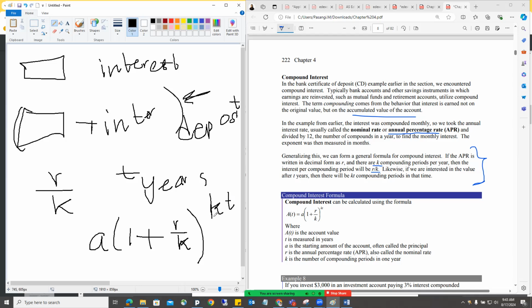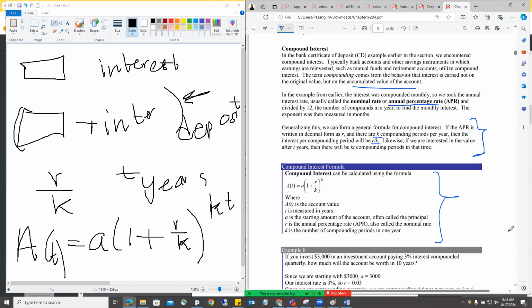K means the number of periods and T means the number of years. So the number of periods should be multiplied by the total number of years, T. So the compound interest formula will be A times 1 plus R over K to the power of KT. Is it clear? This is what they have given.